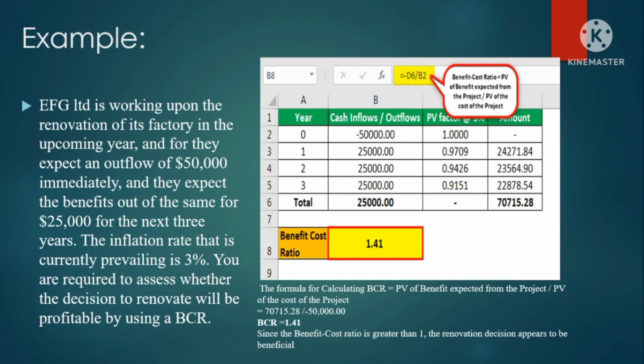Therefore, the BCR is equal to the present value of benefit expected from the project over the present value of the cost of the project, which equals 70,715.28 divided by 500,000. So the BCR of this example number 1 is 1.41. Since the benefit cost ratio is greater than 1, the renovation decision appears to be beneficial.